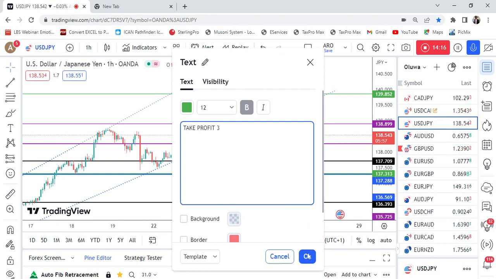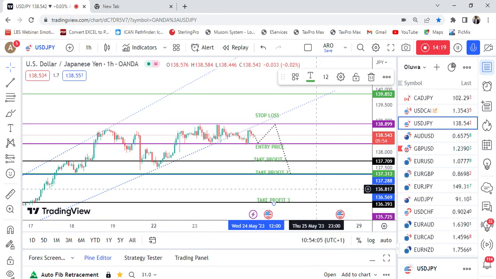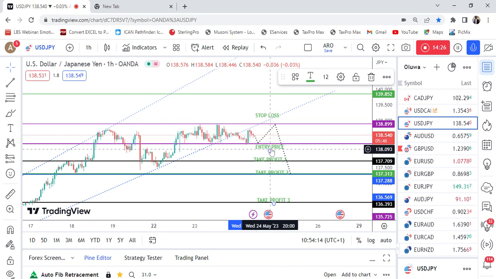So I believe you understand what you are saying here. That's where we are going to put our stop loss. So our entry is there, which I said earlier is our entry trigger. Then here is take profit one, here is take profit two, here is take profit three.